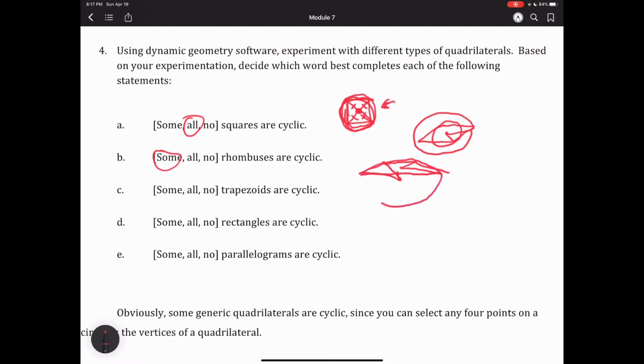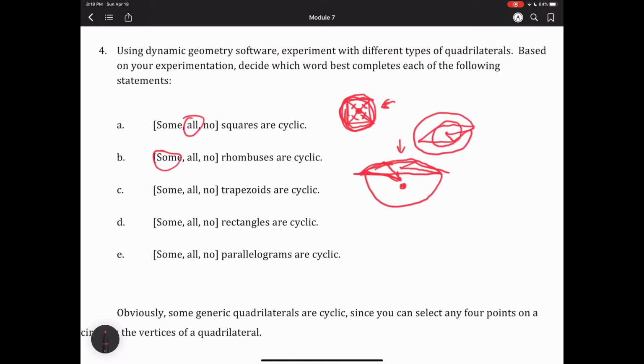One thing you could do to check this is use a compass. Draw yourself a trapezoid like this and use a compass and see if you can find a point at which all those points are the same distance from one of the other points. So like down here somewhere. So I'm going to say this one is. But can I think of a trapezoid that could disprove that?